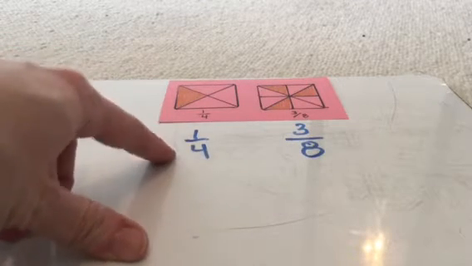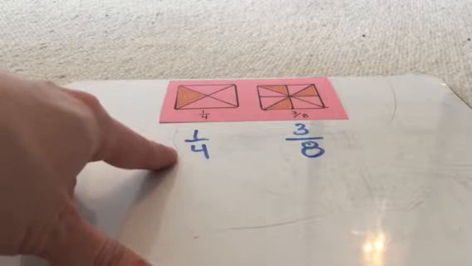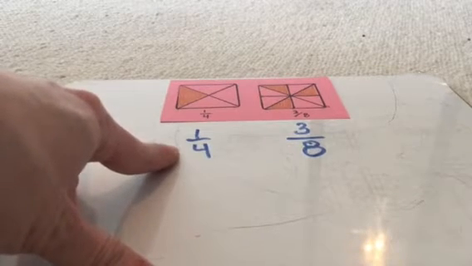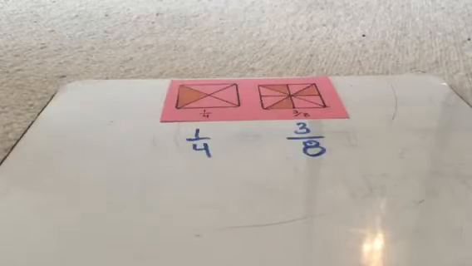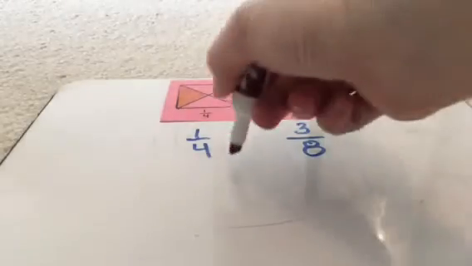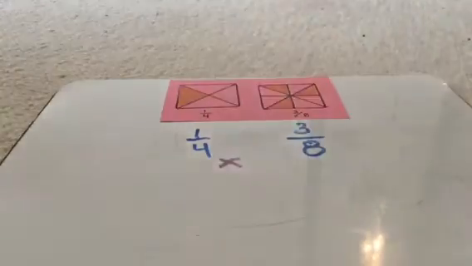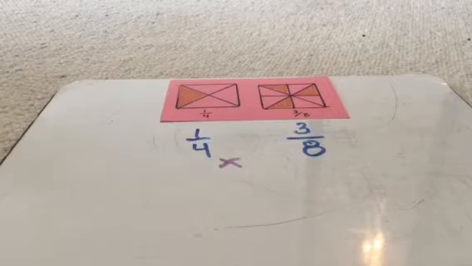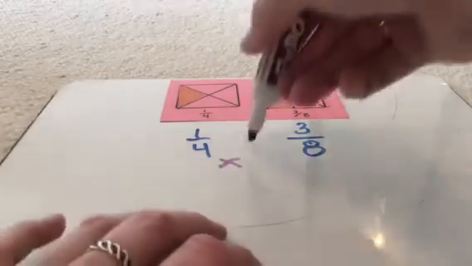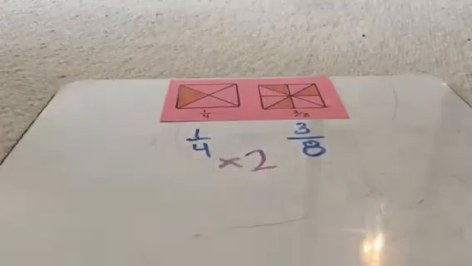No. Are the denominators the same? No. But now I'm going to try and make the denominators the same by looking to see is there a relationship between 4 and 8 using multiplication? Does 4 times something give me 8? Yeah, 4 times 2 gives me 8.